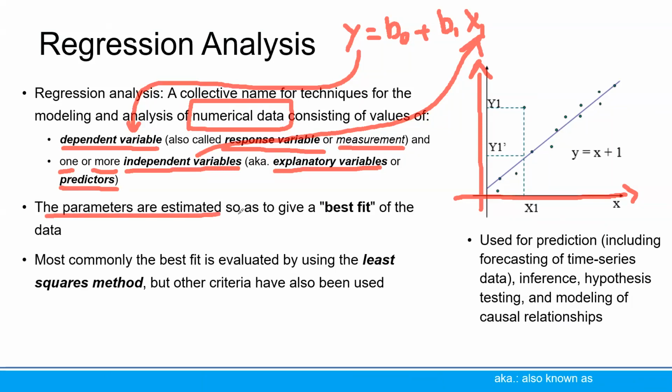The parameters are estimated so as to give a best fit of the data. So let's see, if we have this data, this dot is data. So we can estimate. How can we get this line?